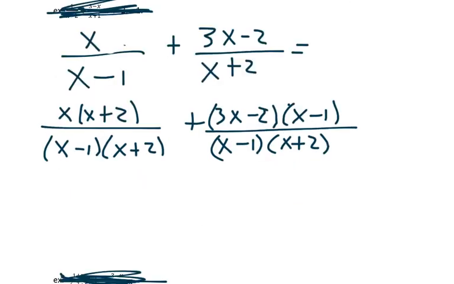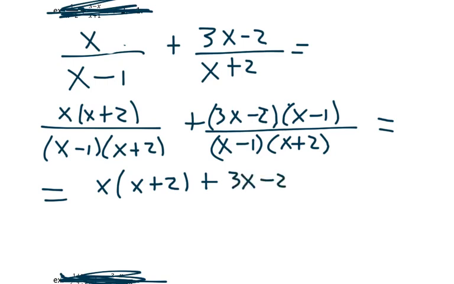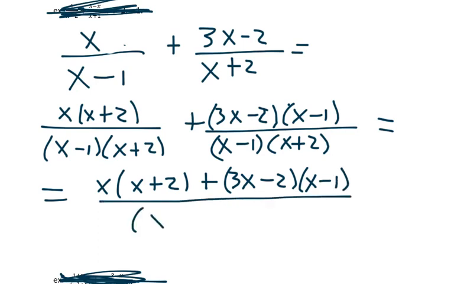Okay, so now we add these, and what do we get? Since the denominators are the same, we just combine numerators. So we have x times x plus 2 plus 3 times x minus 2 times x minus 1, all divided by x minus 1 times x plus 2.